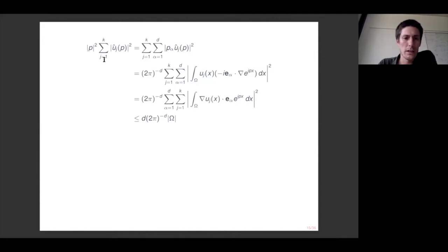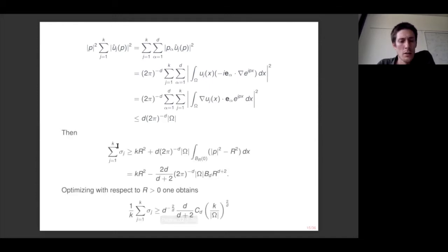So they recover this upper bound here, where, as you can see, there's this d term appearing in front of this inequality, which comes from the fact that we are summing d terms here. So by plugging this bound into the previous inequality, one recovers this lower bound, which depends on R, of course.